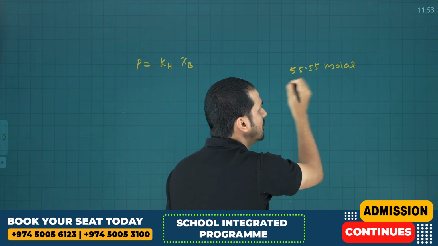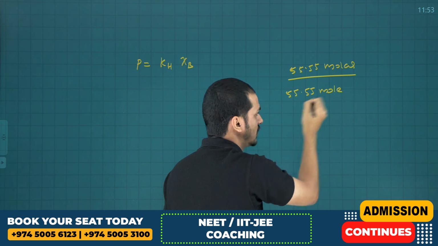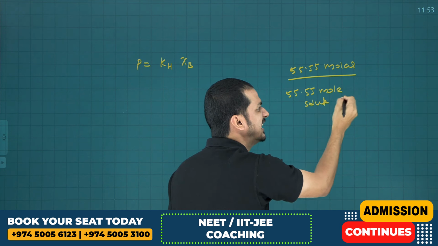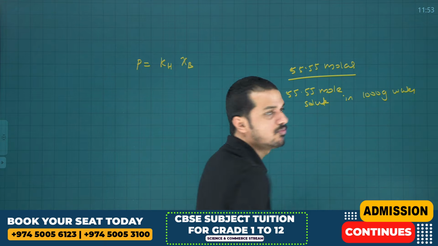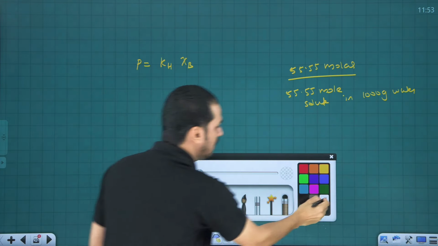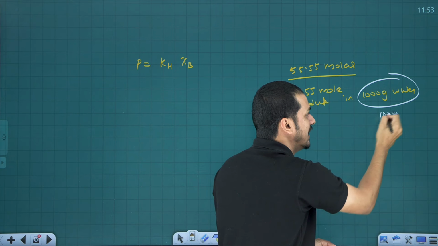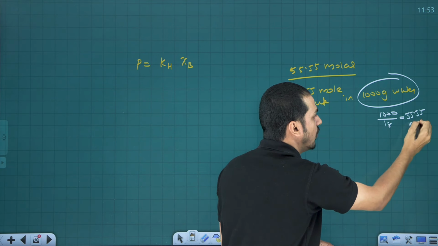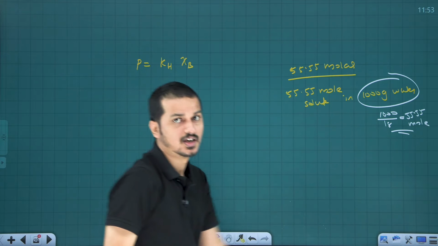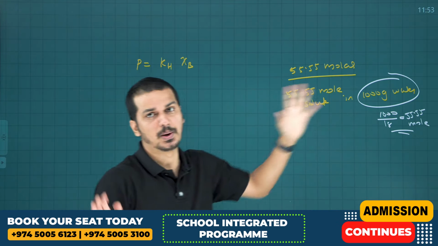It means 55.55 mole solute in 1000 gram water. And one more idea you have to remember: 1000 gram water means 1000 divided by 18, that is also 55.55 mole water. So solute is 55.55, solvent also 55.55.